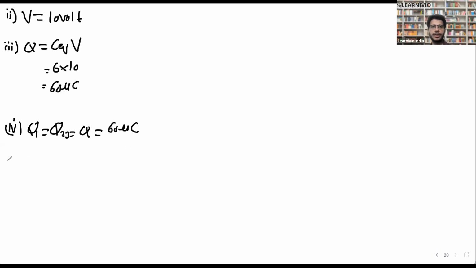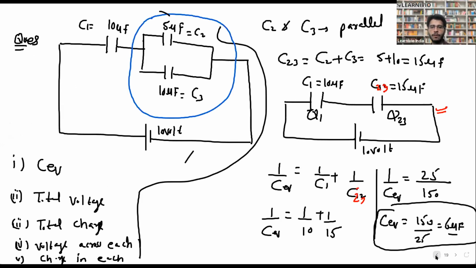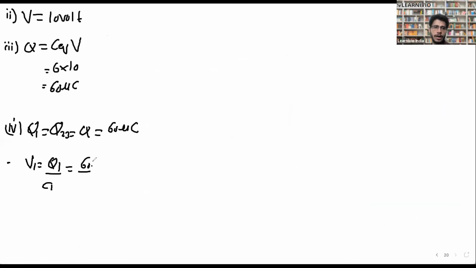From here, we can write V1. V1 is Q1 over C1. So that's 60 microcoulomb divided by C1, which is 10 microfarad. So I'm writing units, 60 microcoulomb, 10 microfarad. You can see that 10 and 10 will get cancelled out. So it's 6 volt.